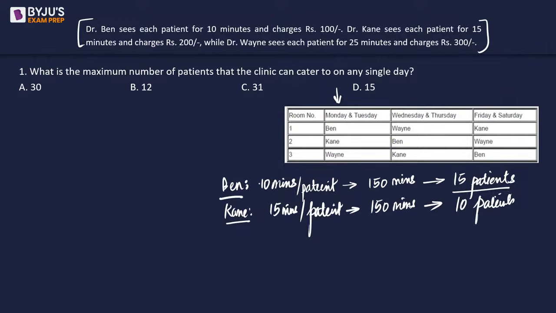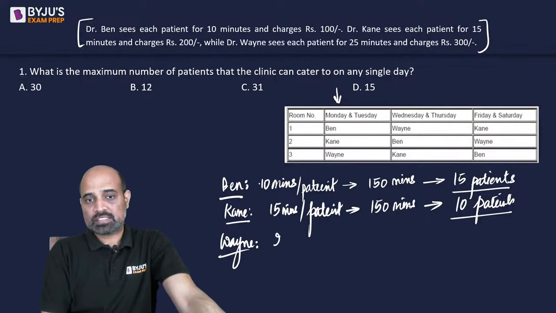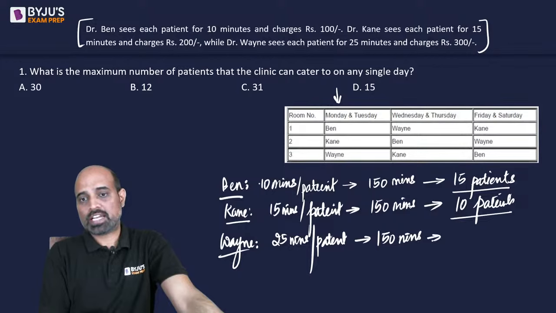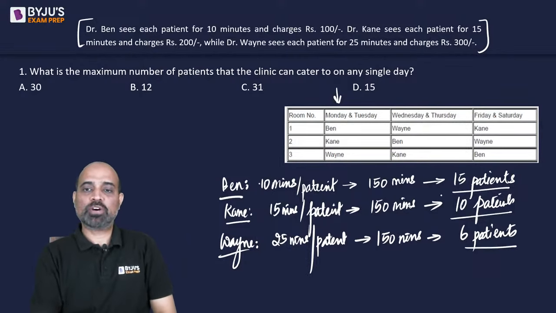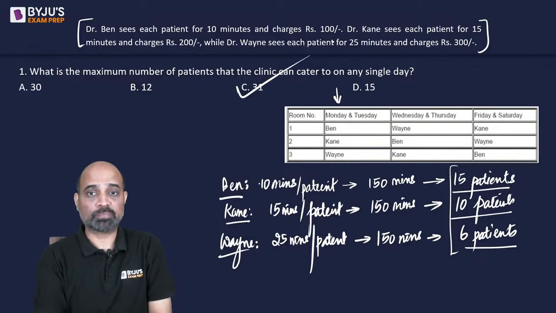And if you talk about Dr. Wayne, he takes 25 minutes for every patient, and he is also present for 150 minutes every day. So that means he sees only 6 patients. 150 upon 25, that's 6. So the total number of patients that they can see is 15 plus 10 plus 6, which gives us 31 patients.